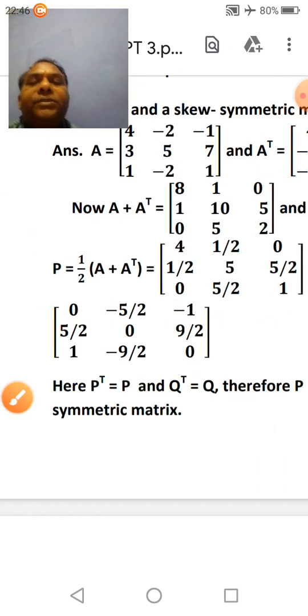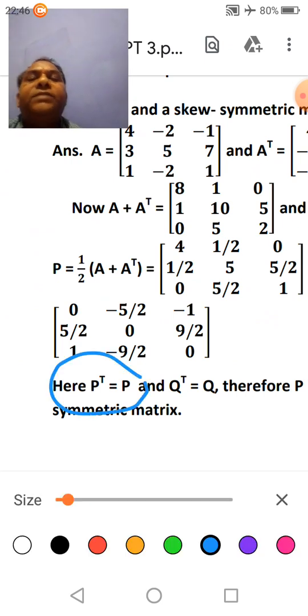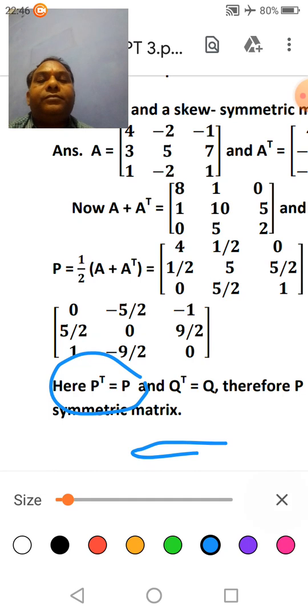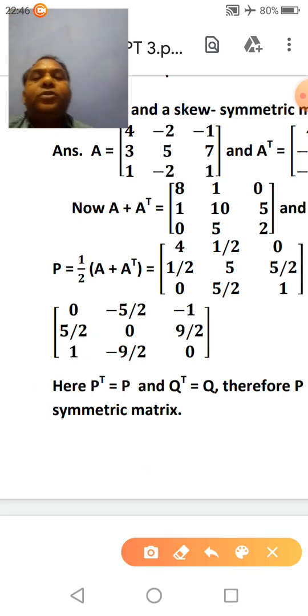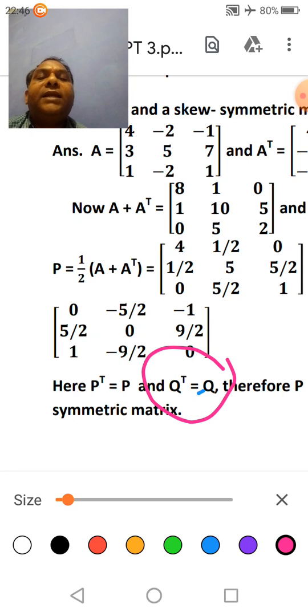Now after finding P and Q, find P to the power T, which will be equal to P. So we can say that the transpose of matrix P is equal to matrix P. Therefore P is a symmetric matrix, and the transpose of matrix Q is equal to minus Q. Clear? So we can say that Q is a skew symmetric matrix.